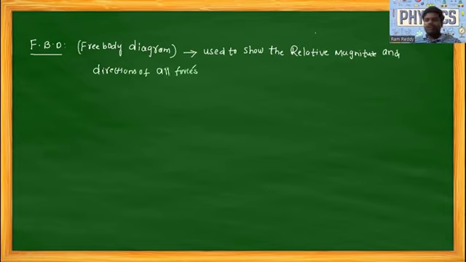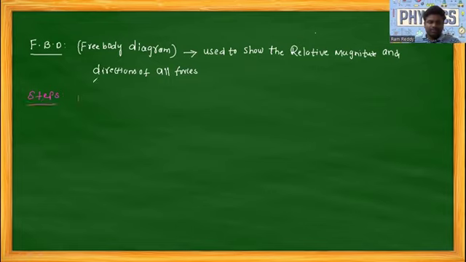It can be used to represent how many forces are acting on a particular system and what their magnitude and direction are. In order to solve using a free body diagram, we have steps that we have to follow.